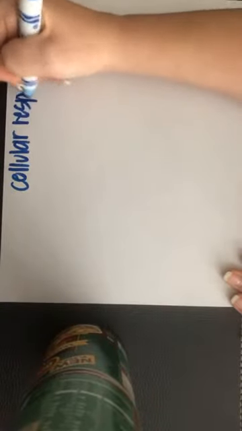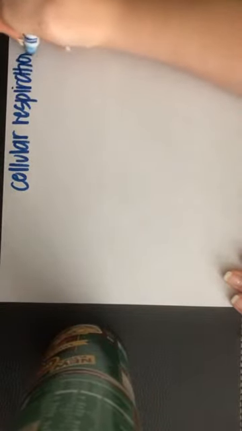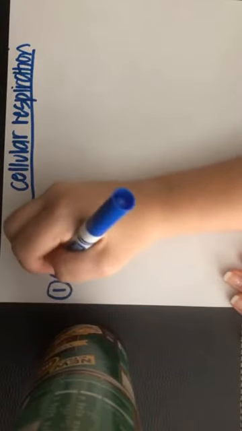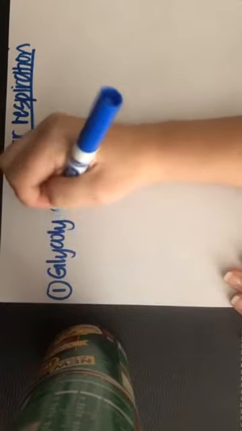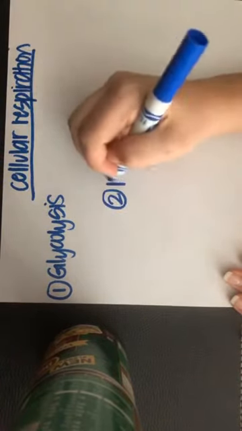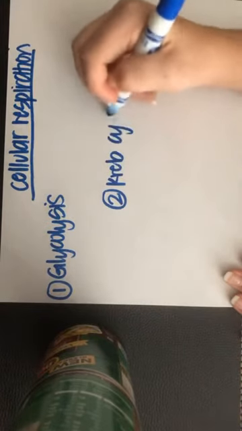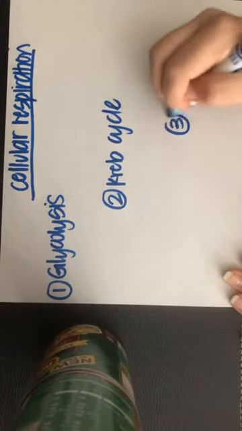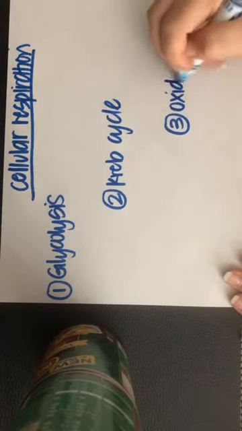So cellular respiration has three main stages. The first part is glycolysis. The second is, of course, our Krebs cycle. And the third one is oxidative phosphorylation.